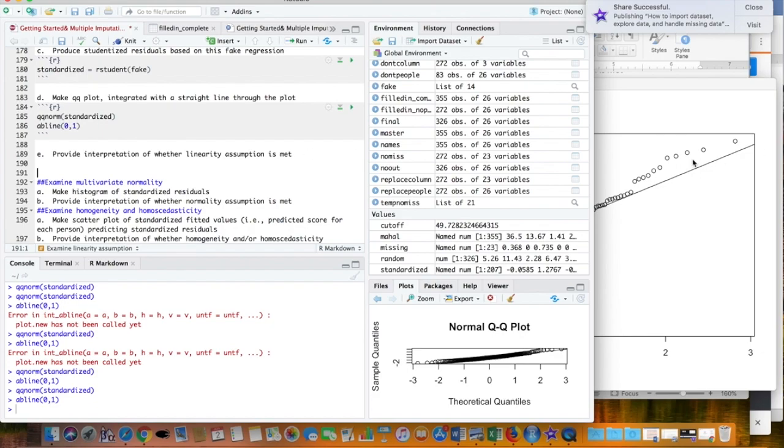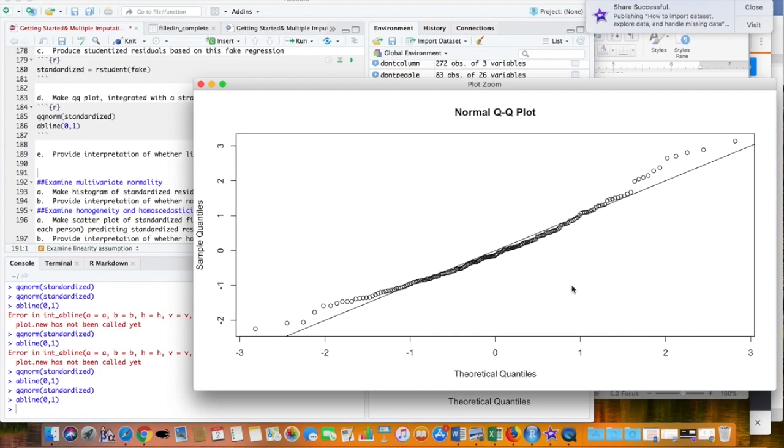And just to give you some context of what this is, the x-axis are the actual z-scores, the studentized residuals. Oh, sorry, let me take that back. The x-axis are the actual z-scores, and the y-axis are the residual standardized scores.